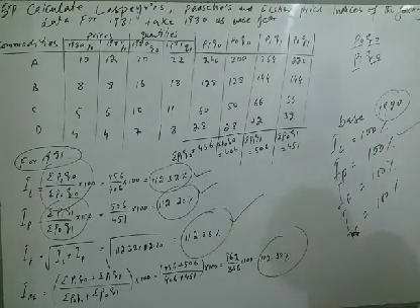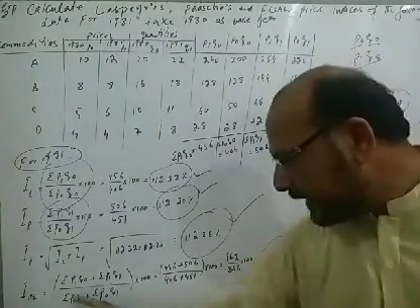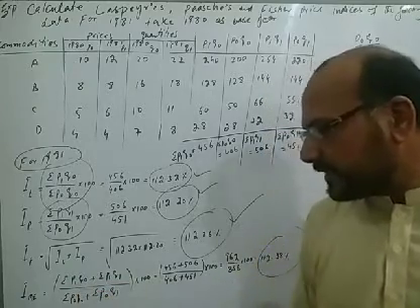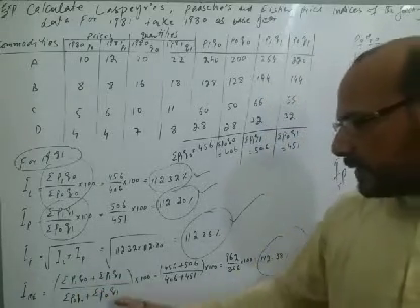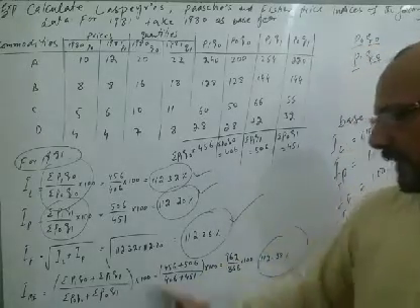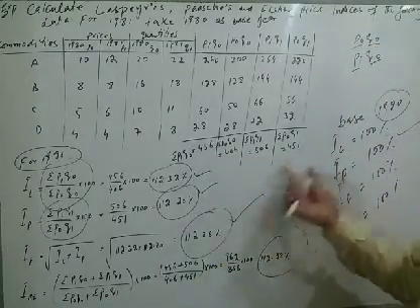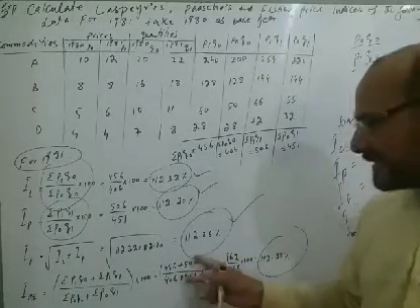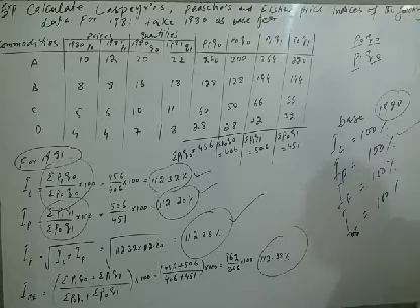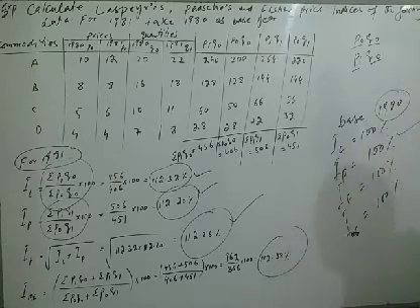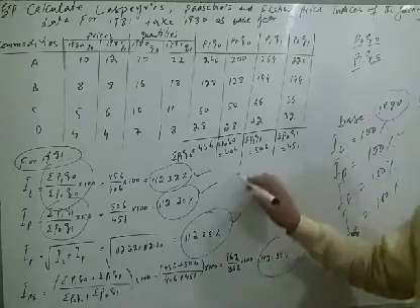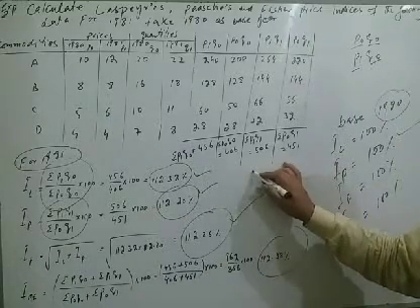And for Edgeworth Marshall, we use this particular formula: summation of P1 Q0 plus summation of P1 Q1, divided by summation of P0 Q0 plus summation of P0 Q1, and multiply by 100. We have all these summations, just add them and multiply with 100, and it gives us 112.38%.